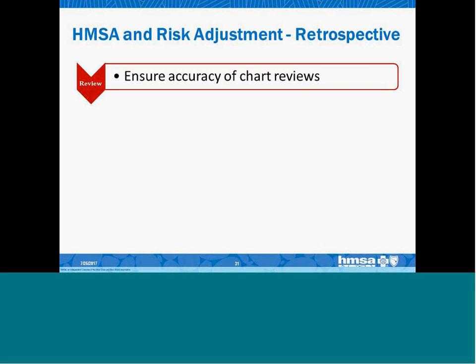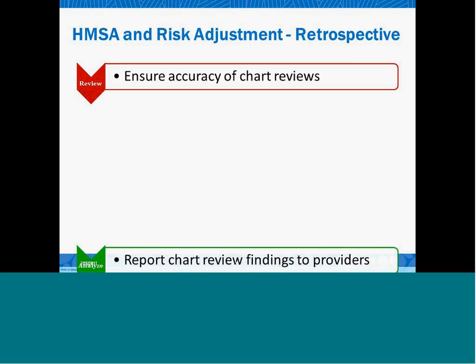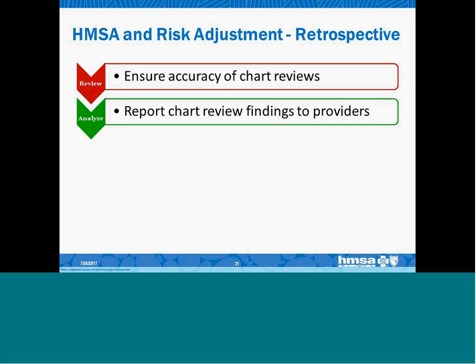HMSA will continue the retrospective chart reviews for previously submitted claims where there's opportunities to improve accuracy. This will ensure the accuracy of completed chart reviews and that accurate risk scores are submitted to CMS. Once the chart reviews have been completed, we'll perform an analysis and communicate our findings back to the provider.